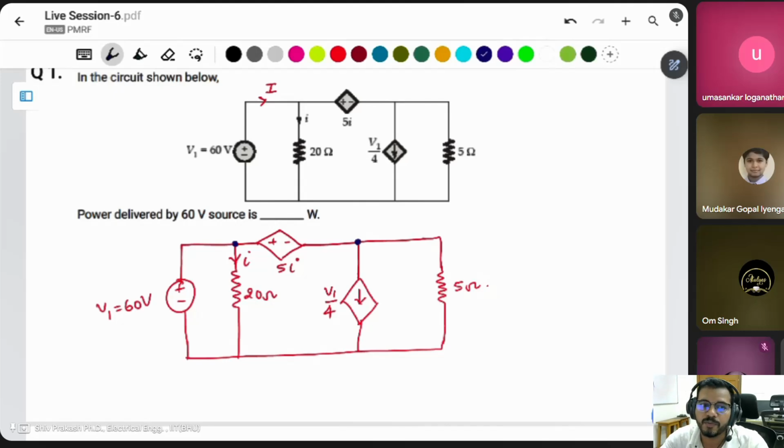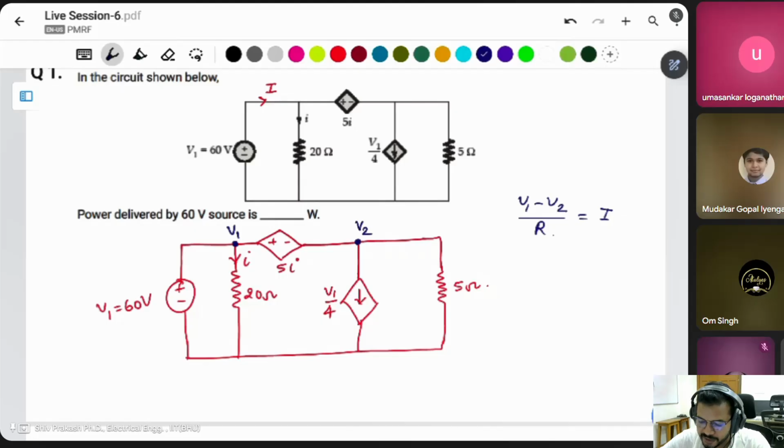If there is only a voltage source between two nodes, then you can't easily find the current flowing through it, because there is no resistor. You can't apply KCL directly. Suppose this one is V1, this one is V2. If you want to find the current, V1 minus V2 divided by some resistance, you have to find some resistance. Then you can say the current, but there is no resistor. Only the voltage source is there.